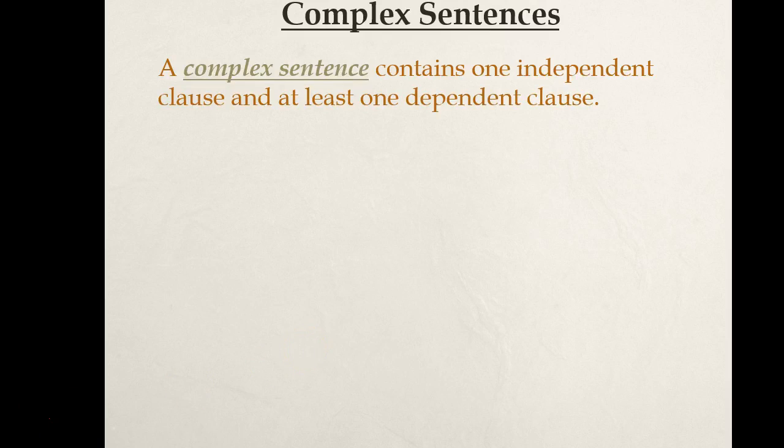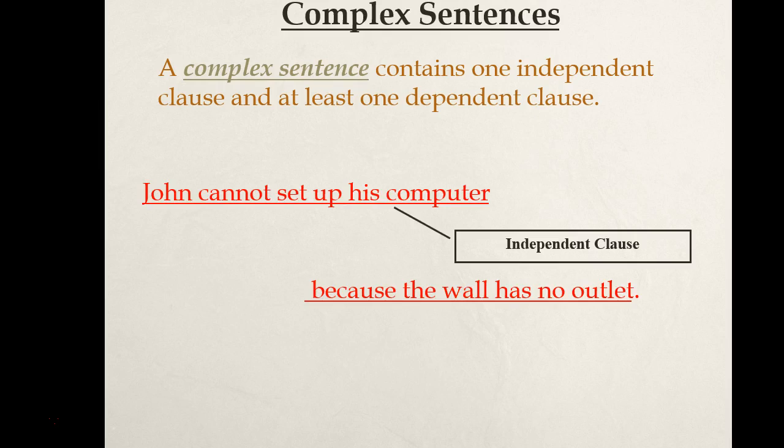Okay, so a complex sentence is a sentence that has one independent clause and at least one dependent clause. Here we see: John cannot set up his computer because the wall has no outlet. The first part of the sentence, John cannot set up his computer, is an independent clause.